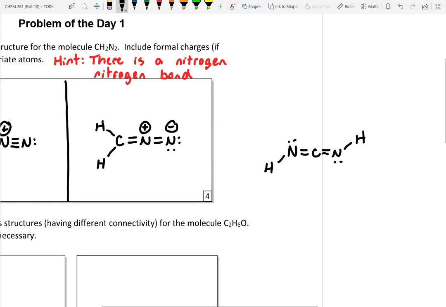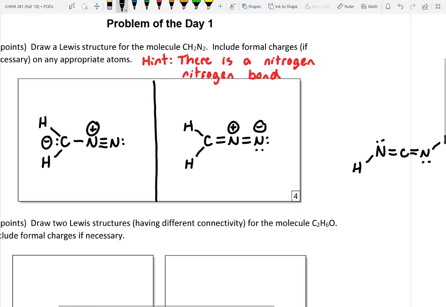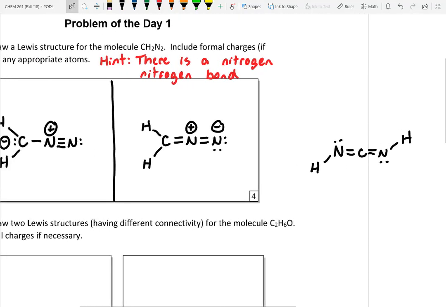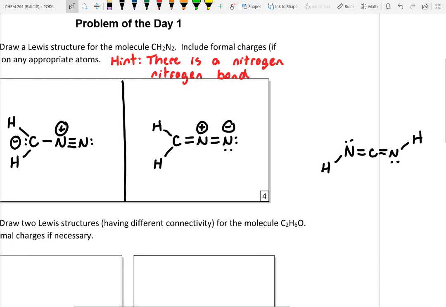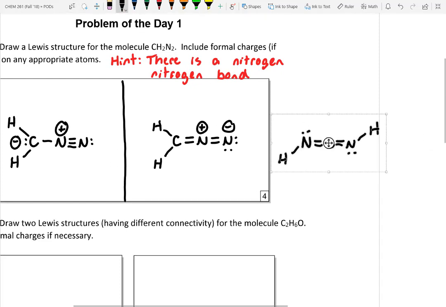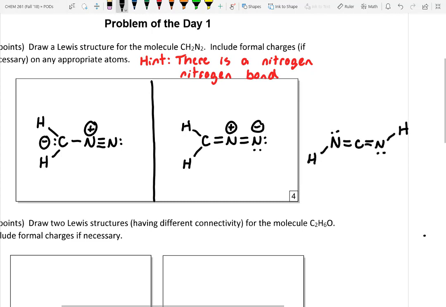Without me giving you more information, I would give you 100% credit on this as well. Yeah, good point. So all three of these would be acceptable drawings for this. I would give you full credit for any of these. My main concern, especially in first term, is that you are satisfying the octet rules and drawing a reasonable structure, right? So that's all I really care about.